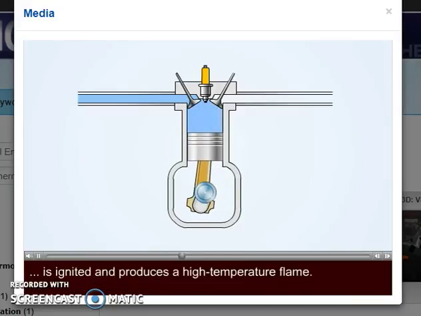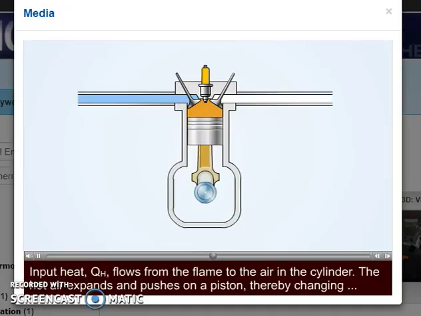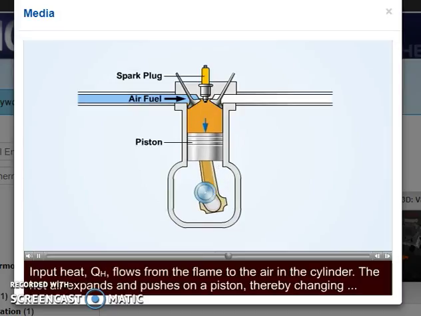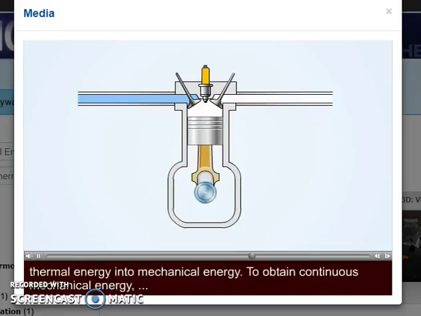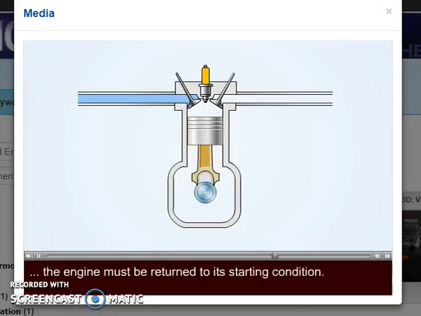In the engine, a mixture of air and gasoline vapor is ignited and produces a high-temperature flame. Input heat, QH, flows from the flame to the air in the cylinder. The hot air expands and pushes on a piston, thereby changing thermal energy into mechanical energy. To obtain continuous mechanical energy, the engine must be returned to its starting condition.